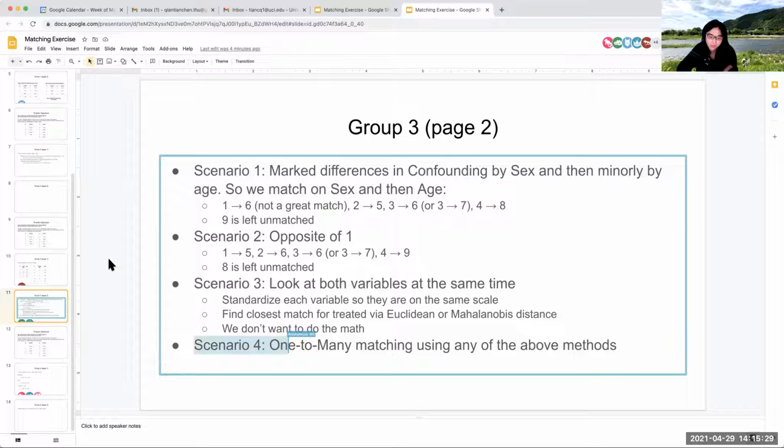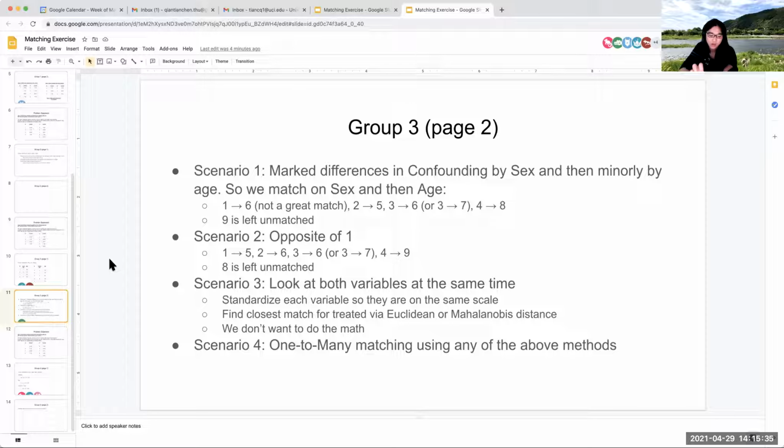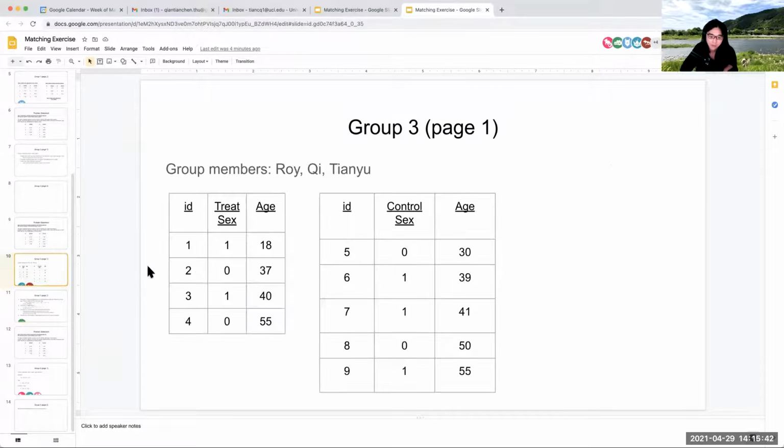And scenario 4 is more like a remedy for this kind of matching, because if we match one individual in the treatment group with one individual in the control group, we have some individuals left off. Just in this example, we have maybe one individual left off in the control group.